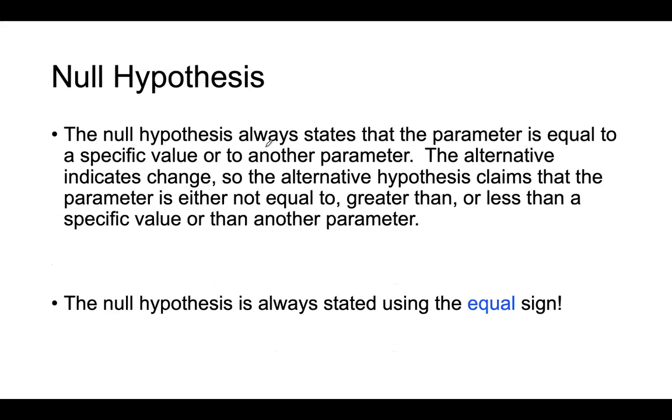So the null hypothesis always states that the parameter is equal to a specific value or to another parameter. The alternative indicates change. The alternative hypothesis claims that the parameter is either not equal to, greater than, or less than a specific value or another parameter.